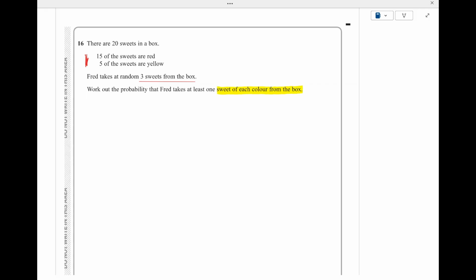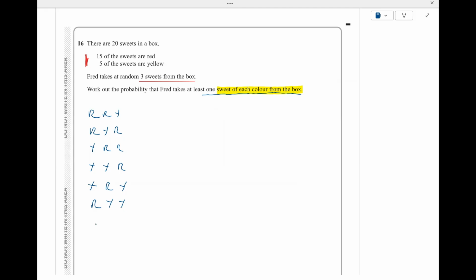Now, if you want to, you can write down all the different ways in which he can take at least 1 sweet of each colour from the box. For instance, he could do red, red, yellow, or red, yellow, red, or yellow, red, red, or yellow, yellow, red, yellow, red, yellow, red, yellow, yellow.